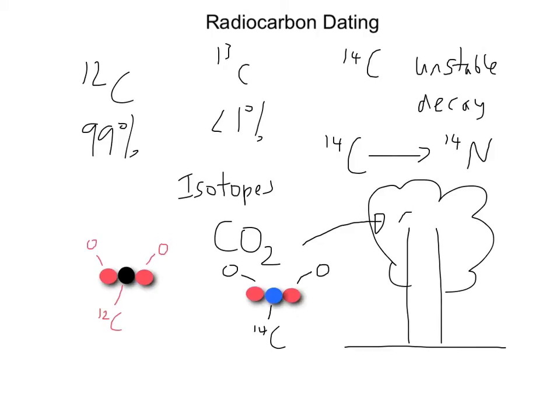As soon as the carbon 14 gets into the plant, it will start to decay into nitrogen 14. But as the plant is alive, it will continue to photosynthesize and continue to take in carbon dioxide, and some of those molecules will be of carbon 14, and hence it will be replaced, keeping the carbon 14 content in the plant stable.